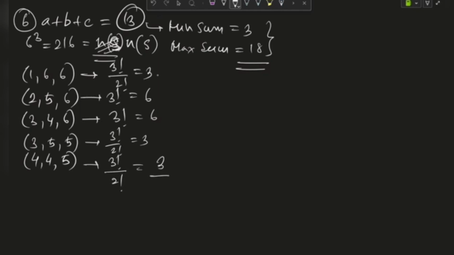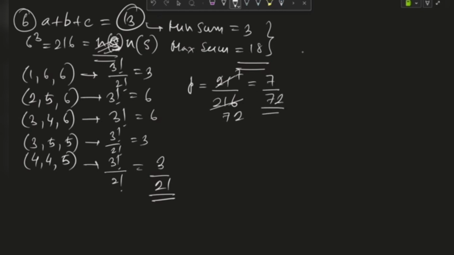If we sum this up, 6 twos are 12 and 3 threes are 9, so 21. So our probability is 21 by 216. If we cancel using 3, 3 sevens are 21 and 3 times 72 is 216, so 7 by 72.